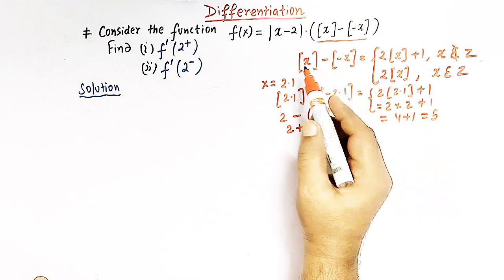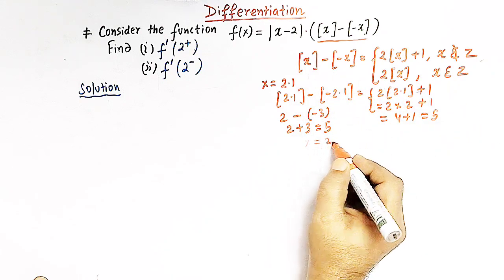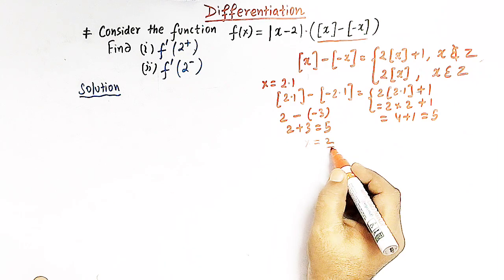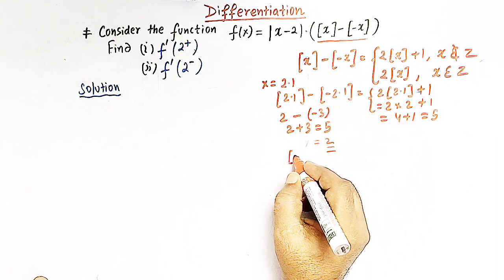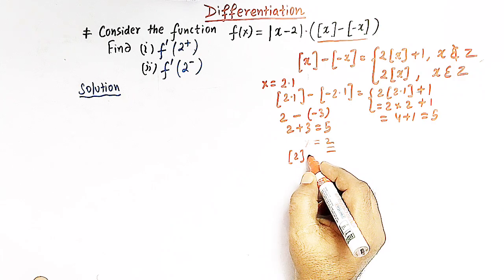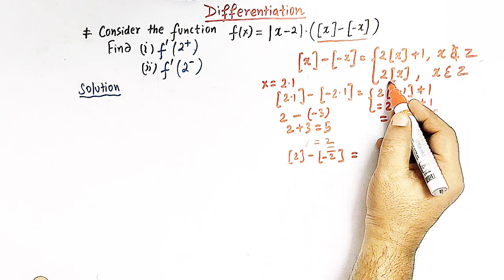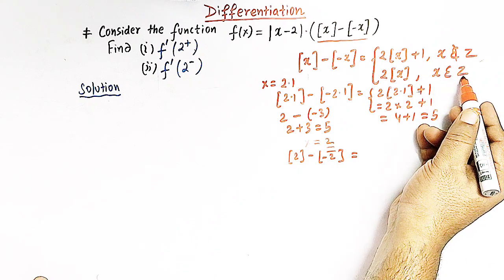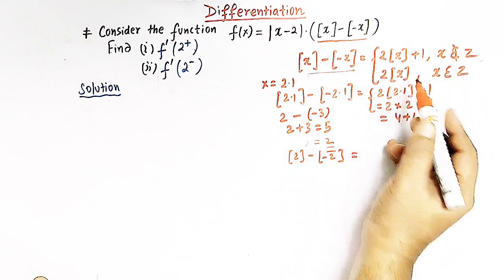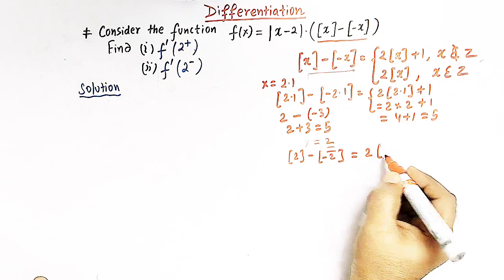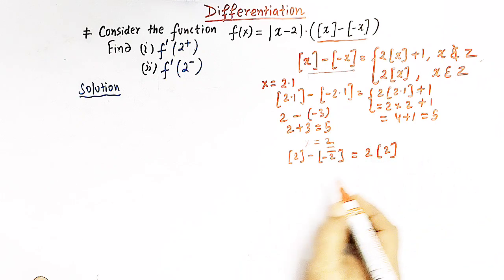Now let us take x as an integer. Suppose we have x is equal to 2. Now 2 is an integer, so the value of this expression is greatest integer of 2 minus greatest integer of minus 2, and here when x is an integer, then the value of this expression is 2 times greatest integer of x. So here we have 2 times greatest integer of 2.